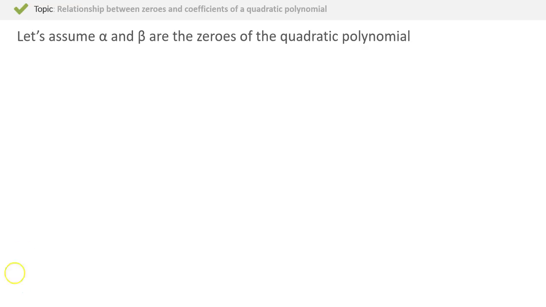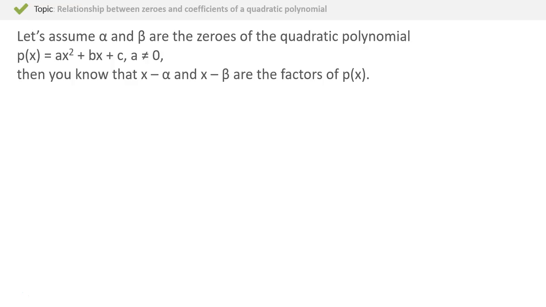Let's assume alpha and beta are zeros of the quadratic polynomial p(x) equal to ax square plus bx plus c, where a is not equal to 0. Then you know that if alpha and beta are zeros of a quadratic polynomial, then x minus alpha and x minus beta are the factors of p(x).